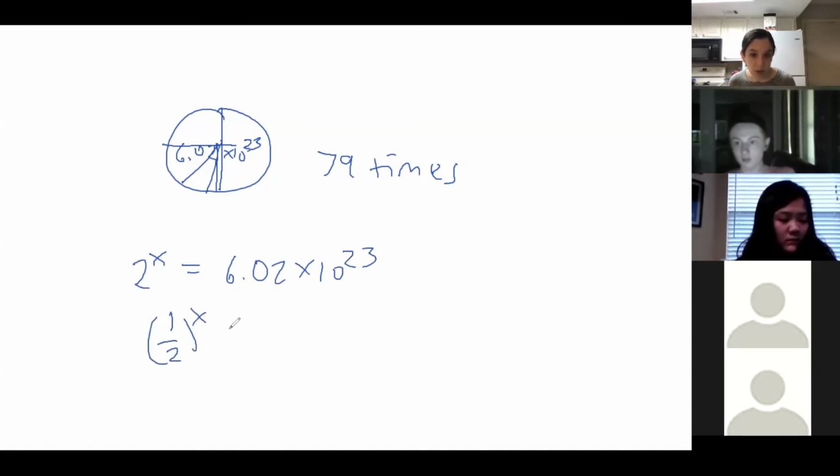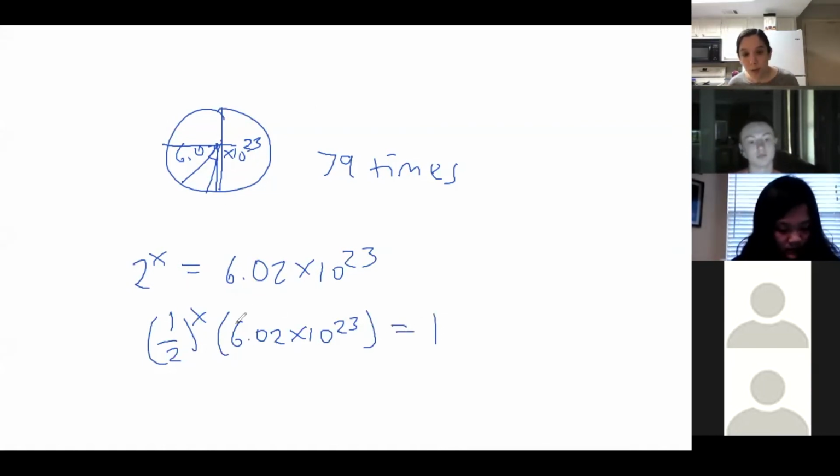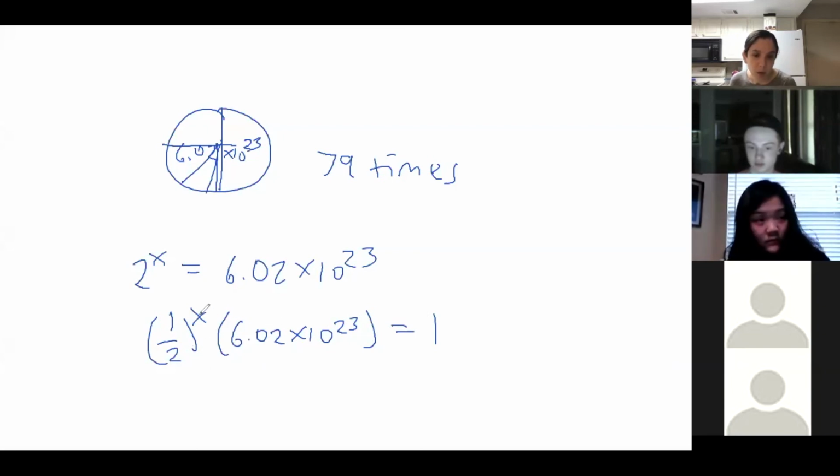This probably would make more sense to you all. So this equation right here probably would be the one that would be easiest to use. But every time you cut it in half, you're going to divide this number by 1/2. And this exponent right here would be how many times you need to do that to get down to 1 molecule. So this would be the equation to use.